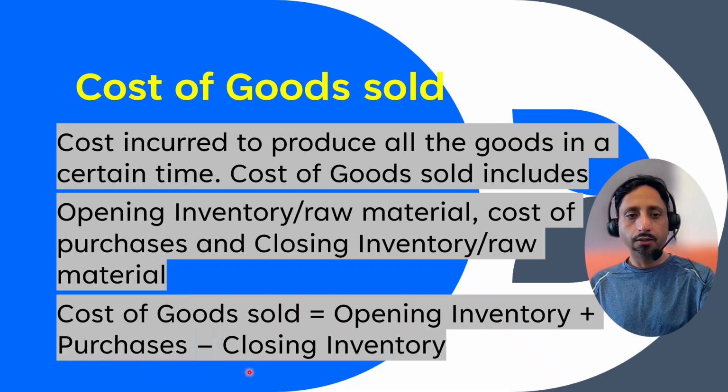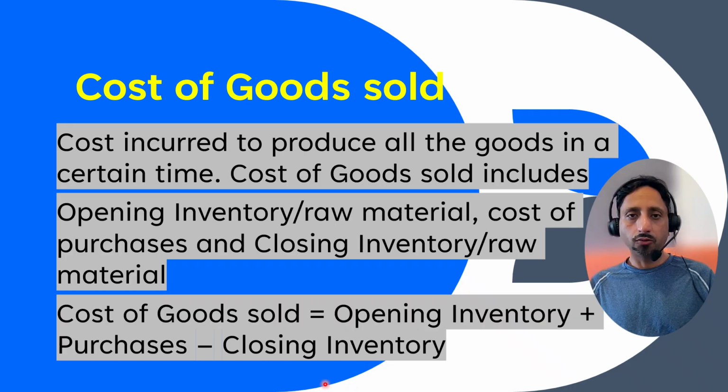And then during the year, you have the raw material, you convert the raw material into finished goods, but then some of the raw material is left over. So when you are closing the year, then you will close the year with that value of raw material.